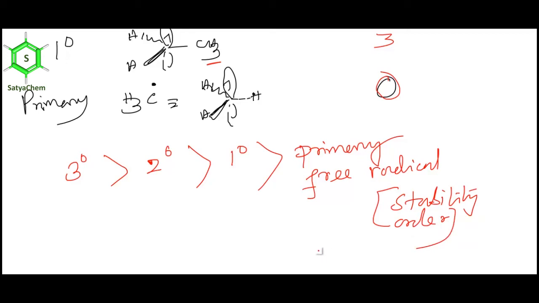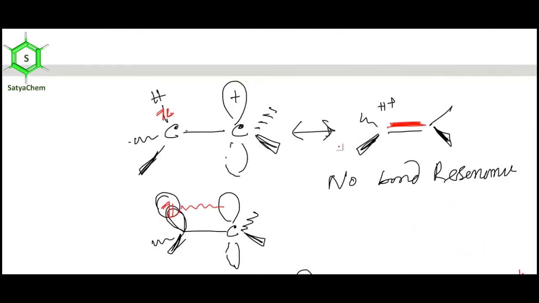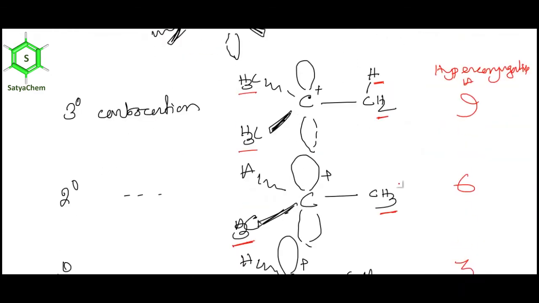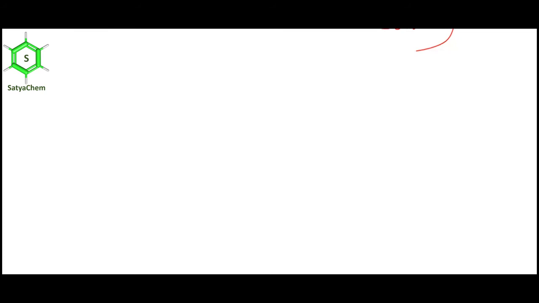Now just go back to this definition. Here I told you a vacant or half filled p orbital or a vacant pi orbital of an adjacent unsaturated system. Now I am going to consider this one. An alkene is also stabilized through hyperconjugation involving the following canonical forms.